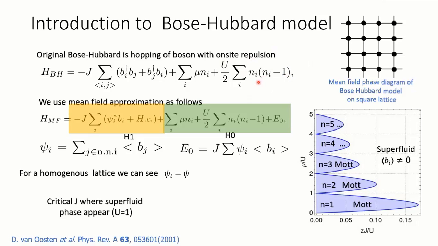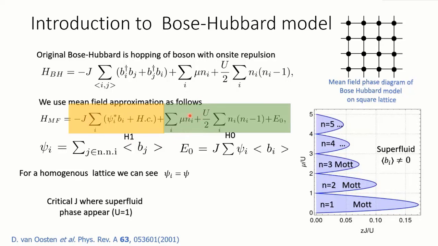We cannot solve this Hamiltonian simply because these two terms cannot be solved simultaneously. Therefore, we have to perform a mean field approximation if we want to study a very large system that captures quasi-periodicity of the system.